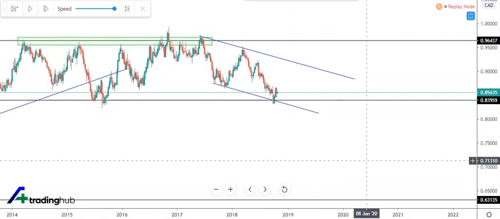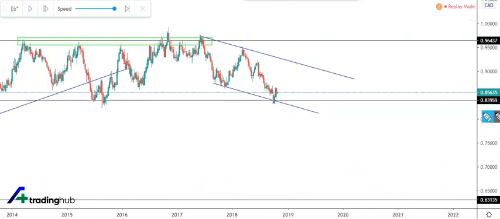Boom, price tested the bottom here again. Now this has also confirmed to us that price is moving in a downtrend, because price has broken below the previous low. But since we are projecting that price will trade in this channel, we want to look for buying opportunities at this level.